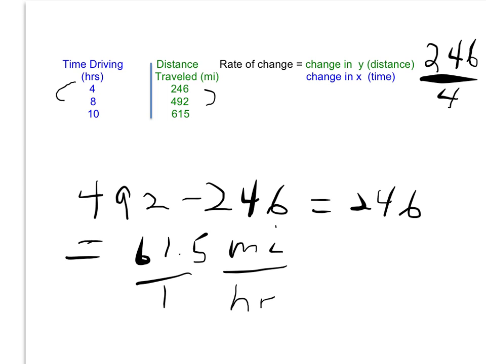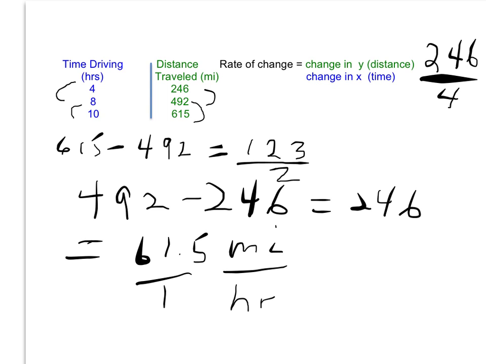Let's do it again and look at the next change in y. 615 minus 492, that's equal to 123. 10 minus 8, the change in x, that's 2.